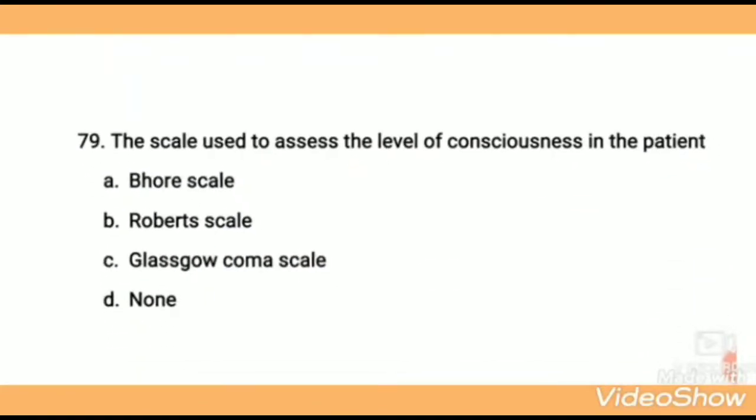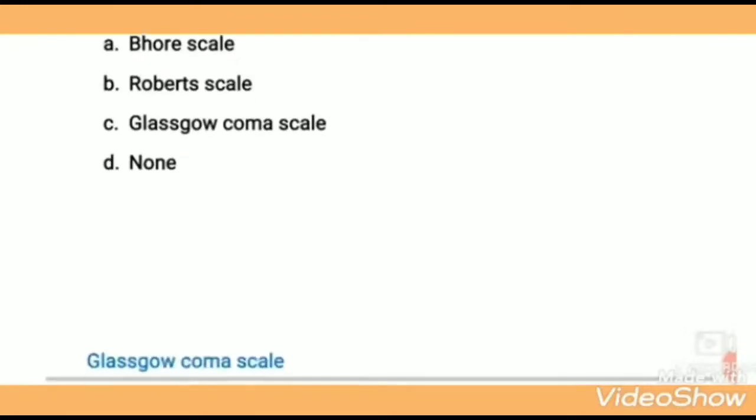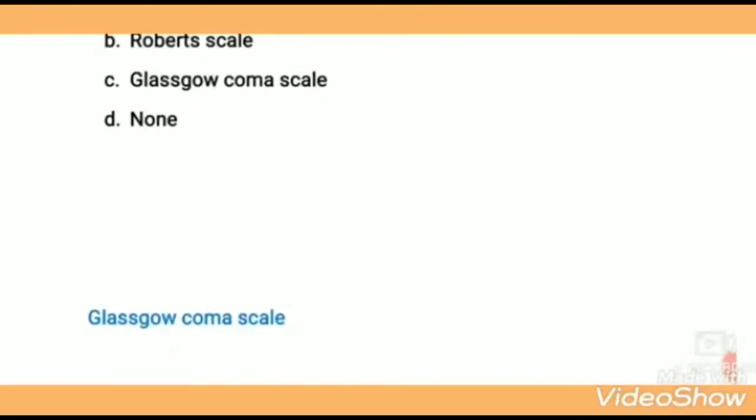The scale used to assess the level of consciousness in the patient: Hoare scale, Roberts scale, Glasgow coma scale, or none? The correct answer, the scale used to assess the level of consciousness in the patient is Glasgow coma scale.